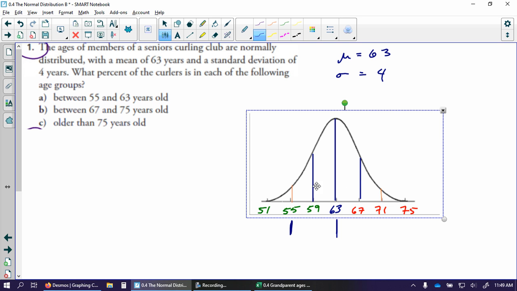Well, we know that there's 68% here, or 34% in between there, and this one should be 13.5%.